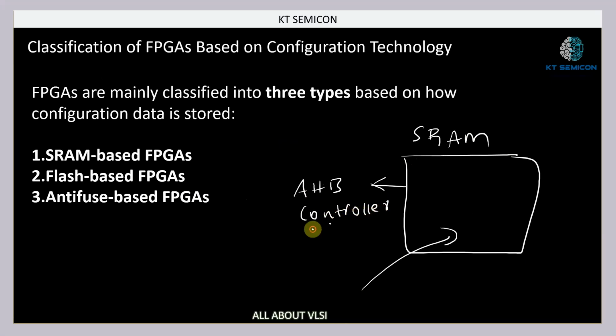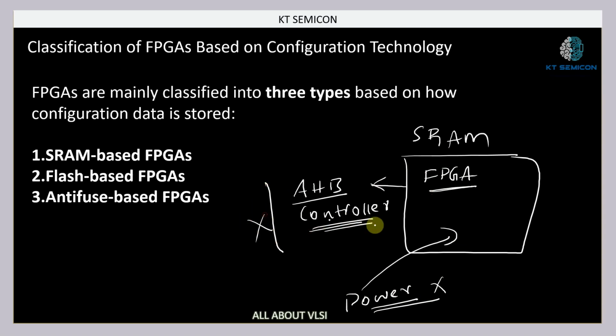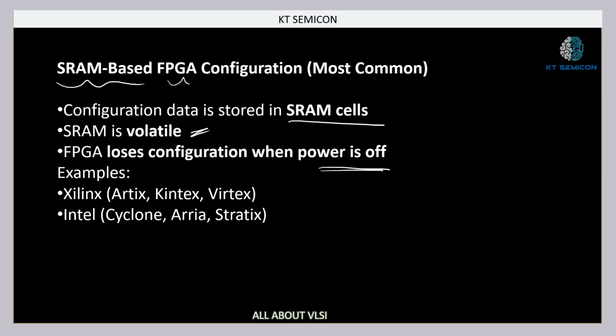You have turned on the power and configured this FPGA to work as an AHB controller. If you remove the power, whatever configuration file you loaded, that functionality will be removed and it will be a normal hardware again with no functionality. That is nothing but volatile.